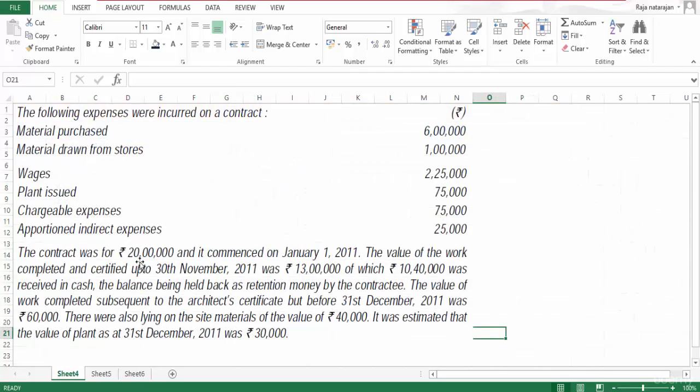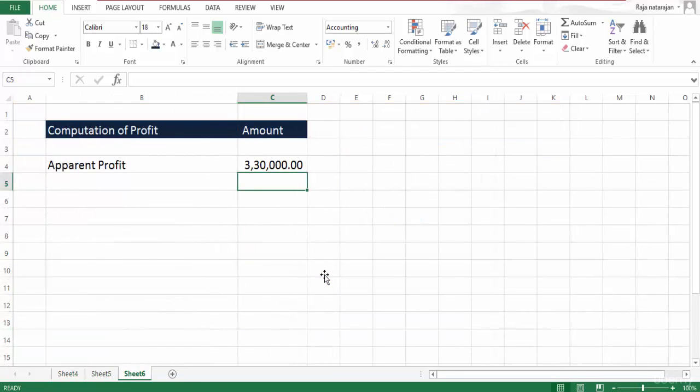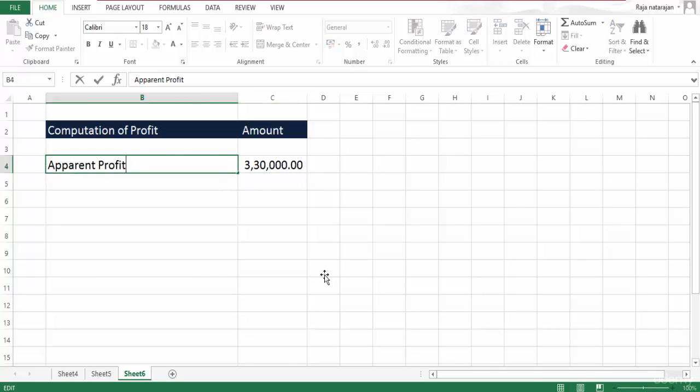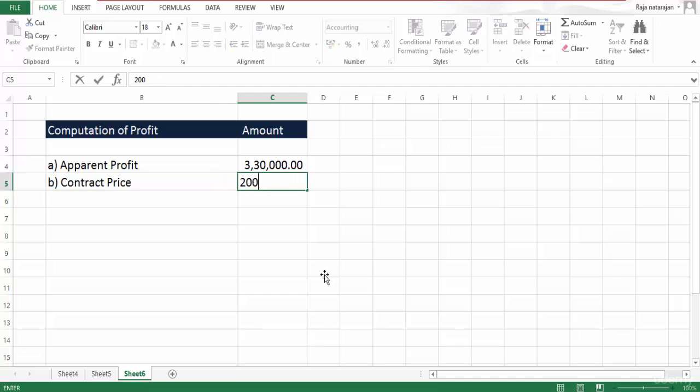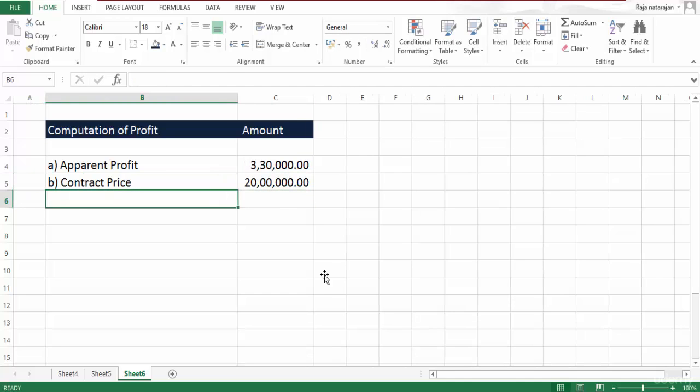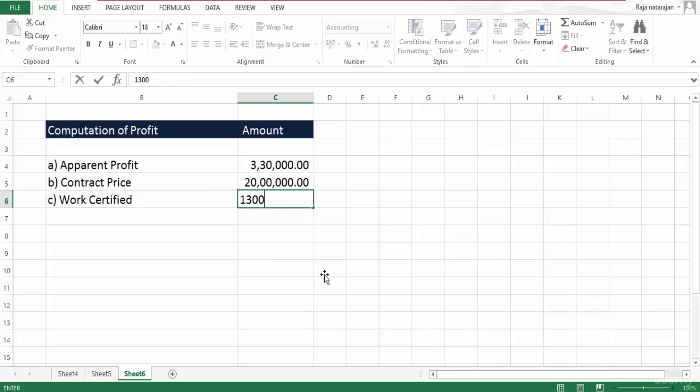The contract price is 20 lakhs, and what is the work that got certified is 13 lakhs. So let's try to find out the percentage of work completed. I'll say this one as item number A. We know the contract price is 20 lakhs and work certified is 13 lakhs.